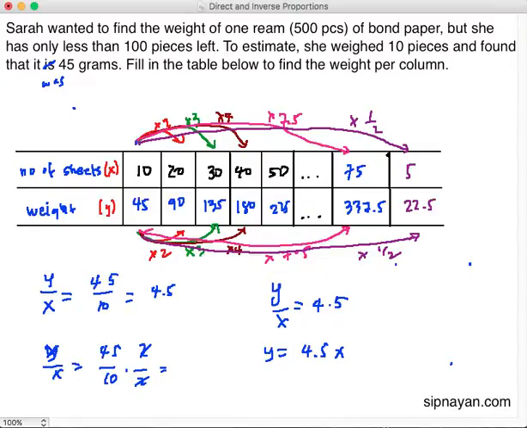Anong mapapansin niyo dun sa mga quantities natin?